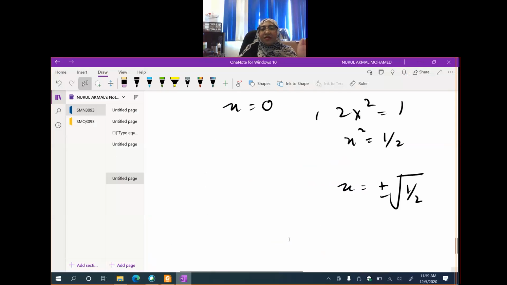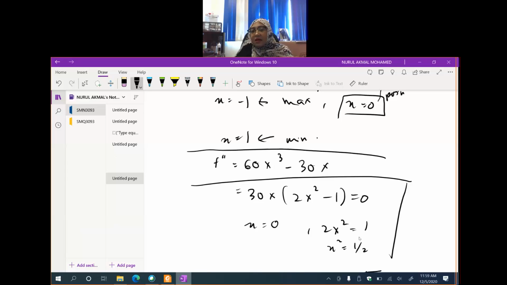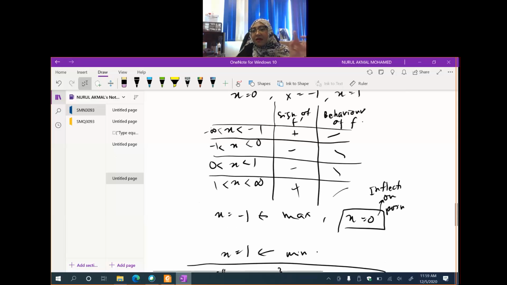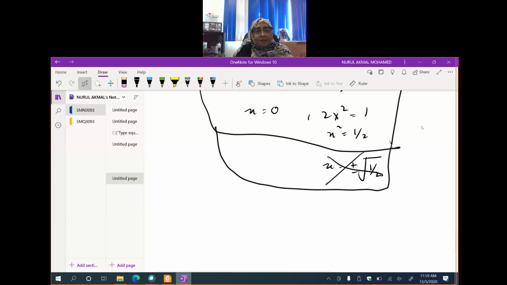We don't need to equate it equal to 0, because the critical points will be the same as from the first derivative test: x equal to -1, x equal to 0, and x equal to 1. So this part is not needed here.